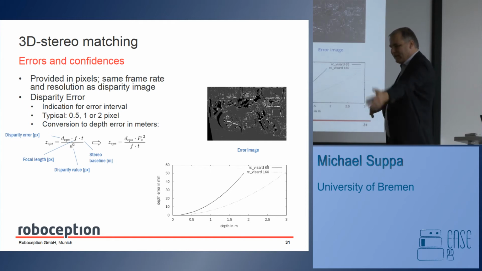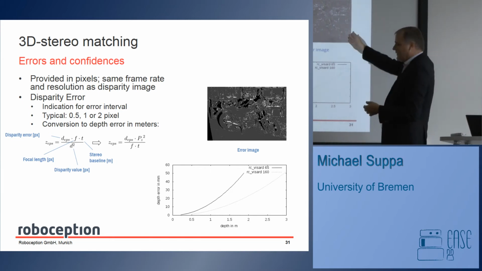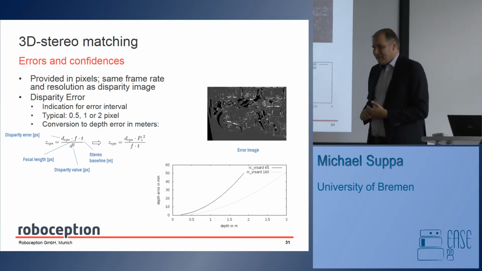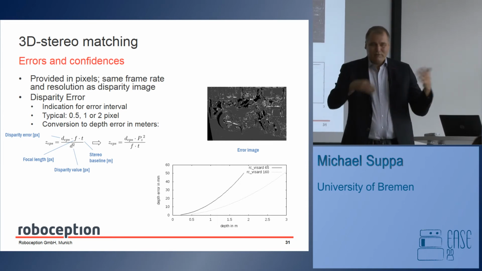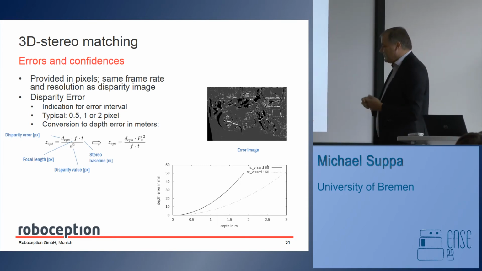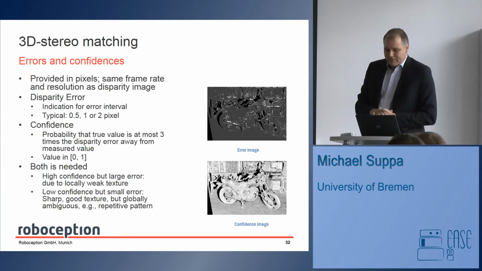Based just on the distance, you know how your error is. That doesn't say anything about the scene. It's just a statistical measure. It's the same for black, for blue, for whatsoever.